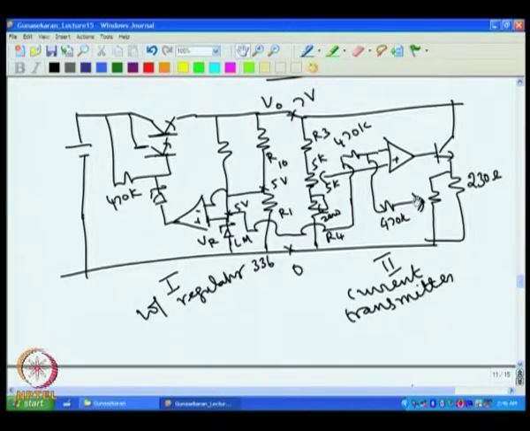So 27 millivolt change has to occur here. Assume that this is almost close to the top, then 27 millivolt change has to occur at the resistance part here. We name this as R5. So what is the expected change at R5, assuming this potentiometer is also at the top? That is the span potentiometer, we call this the span potentiometer.